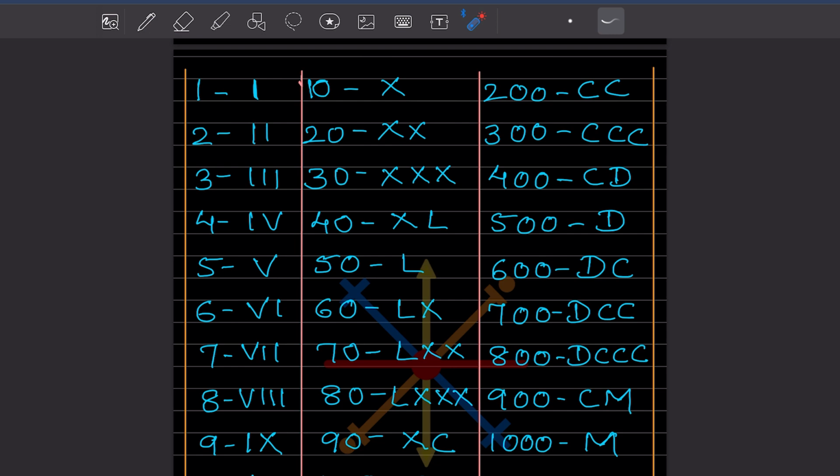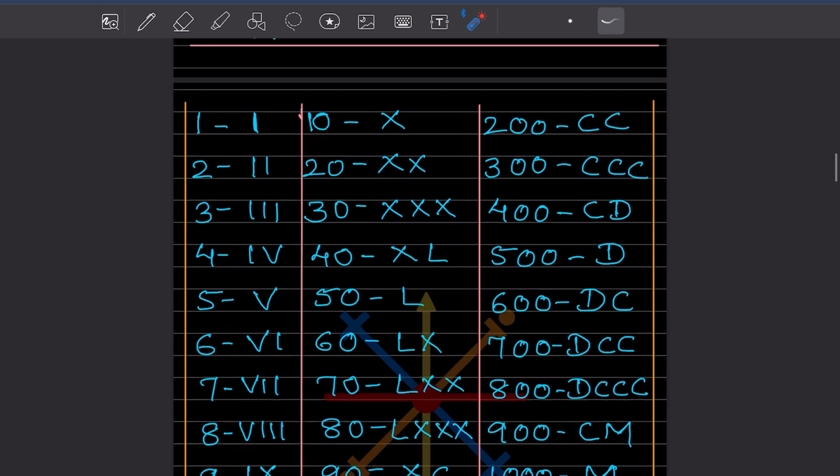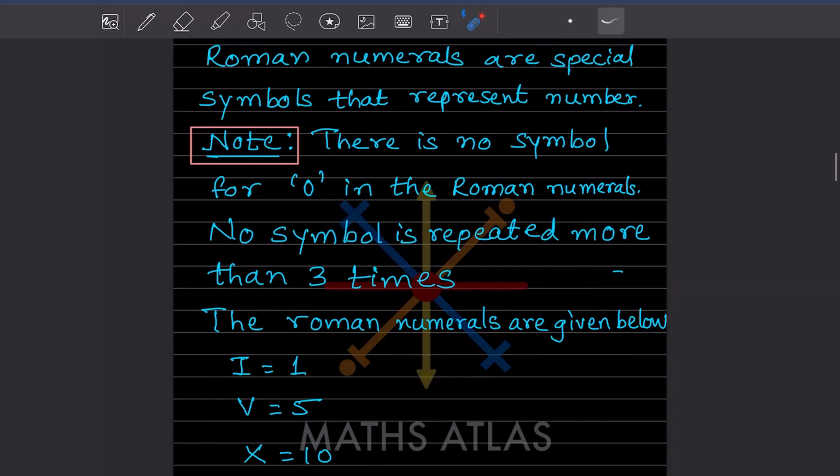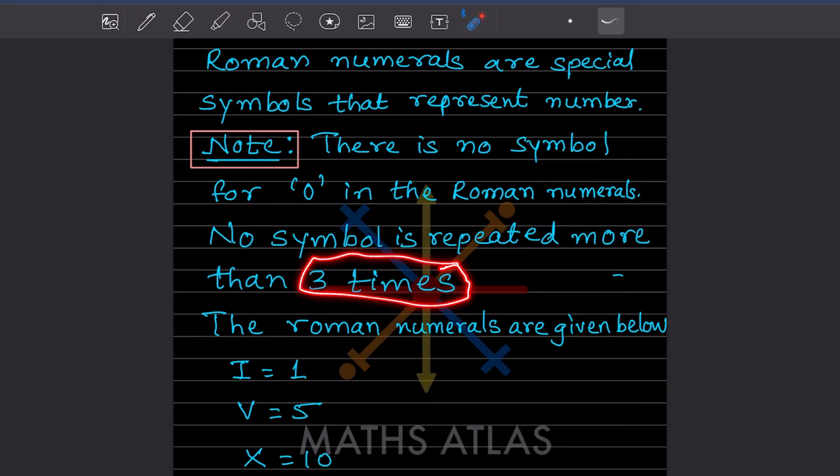Now this is I, II means 2, III that is 3. Now for 4, why don't we write IIII? Because as I said, no symbol can be repeated more than 3 times.